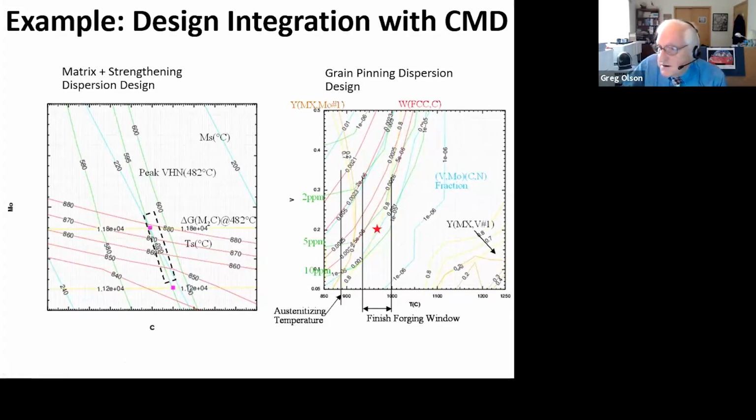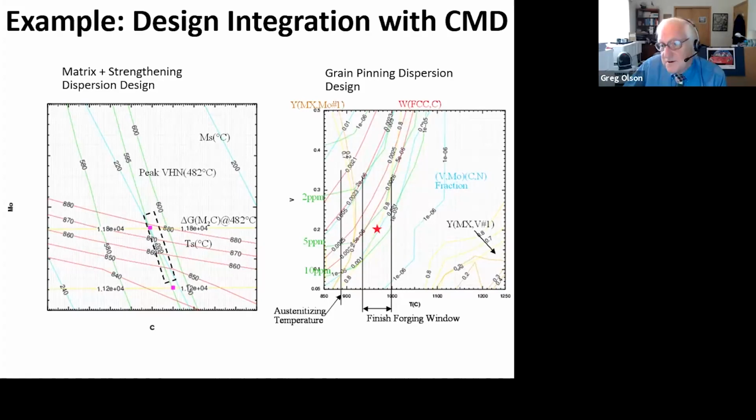And superimposed on that are processability constraints, such as the martensite start temperature to have a fully martensitic steel, and the solution temperature to put the reactive components in solution so we can precipitate them at high temperatures. And the relative slopes that we can see from these types of plots also allow us to assess relative sensitivities so we can develop robust design strategies that don't require too tight a tolerance.